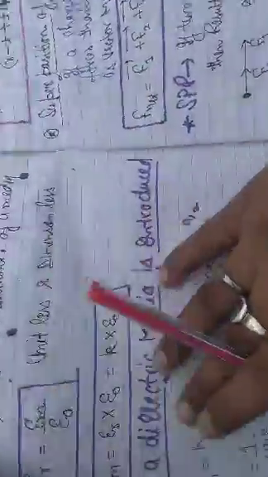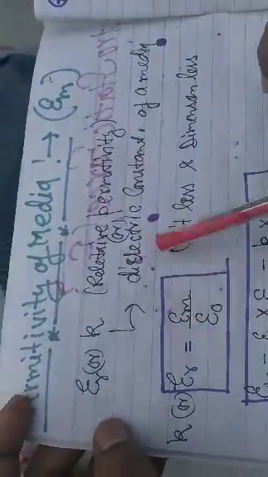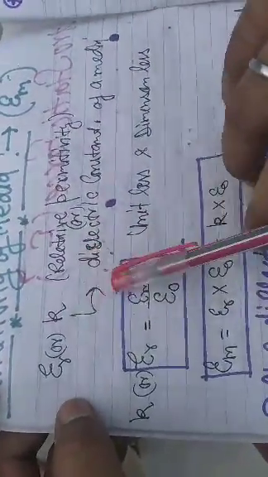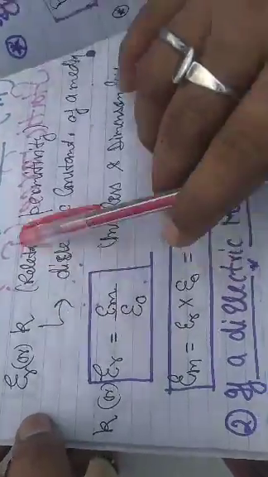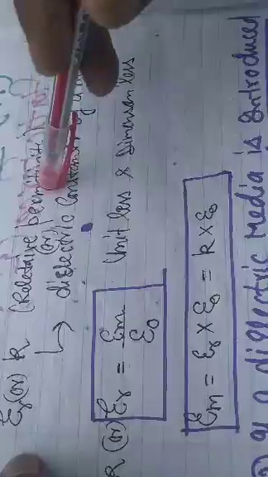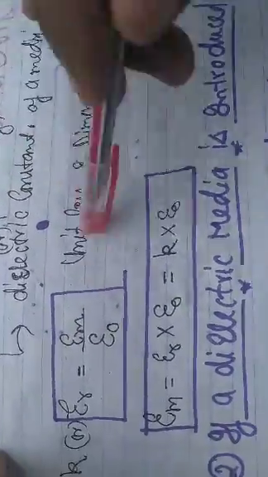In the next section, we talked about the permittivity of media, the relative permittivity and the dielectric constant, and we already told in this section that relative permittivity and dielectric constant are not different things, they are the same thing.